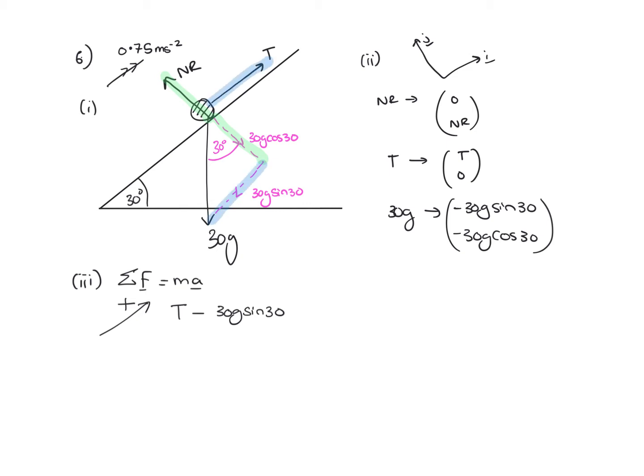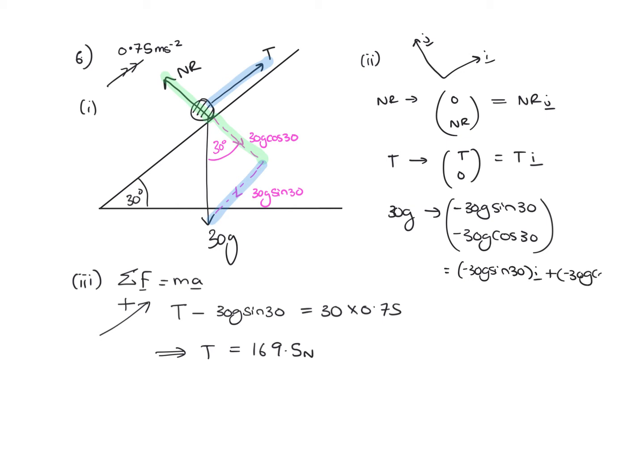They create the resultant force, which is equal to the mass 30 multiplied by the acceleration, which is 0.75, and we rearrange this to find T. And that comes to 169.5 newtons. And worthwhile noting as well that here we could have said normal reaction j, tension i, and here we could have said minus 30g sine 30 i and minus 30g cos 30 j as well.